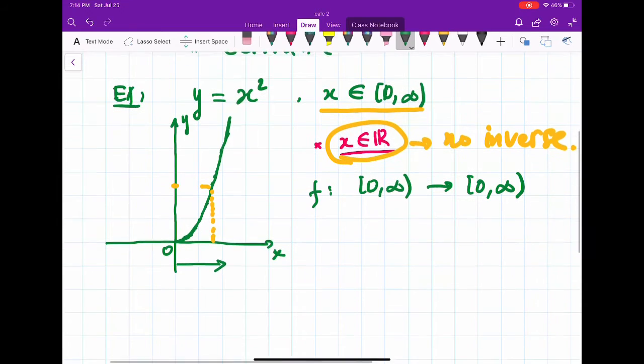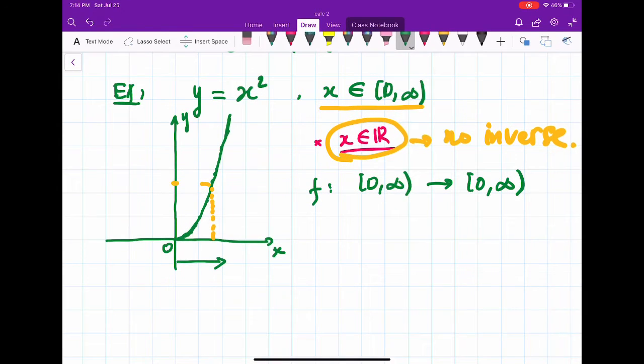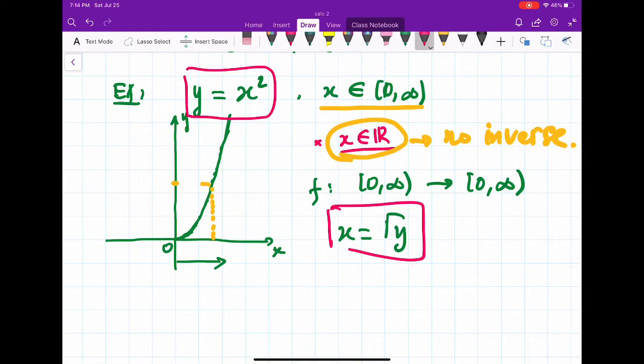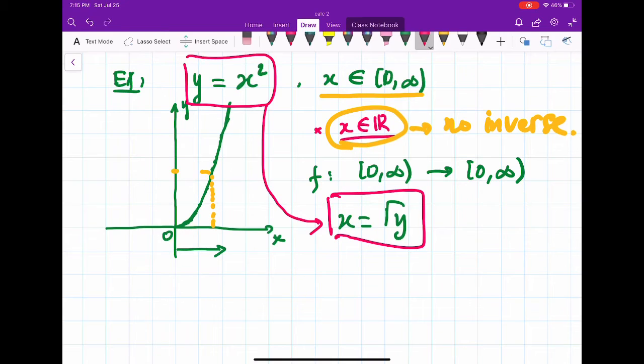The inverse of this is x equal to square root of y, because if you solve this equation with respect to x, you get this. Then you interchange x and y: f inverse of x is equal to square root of x.